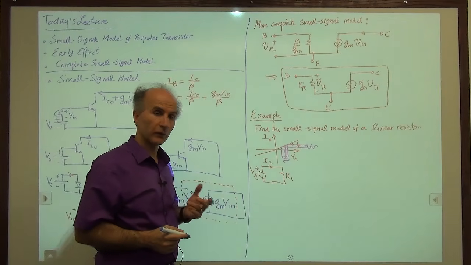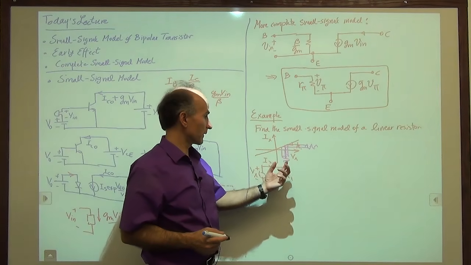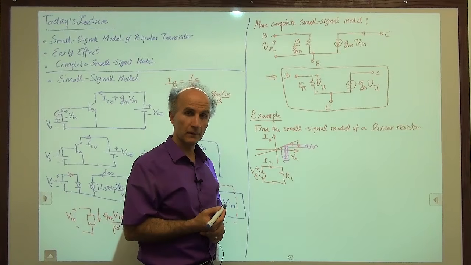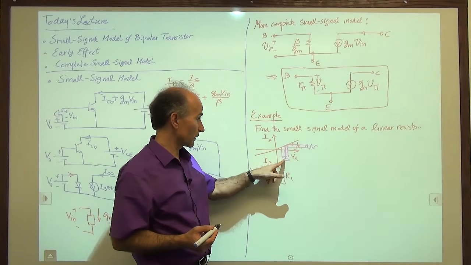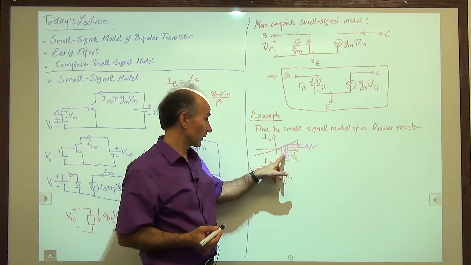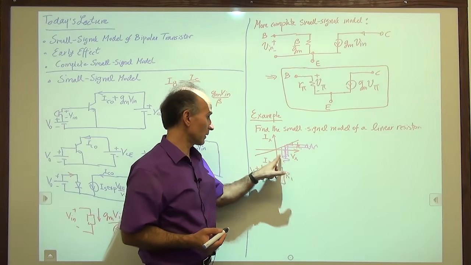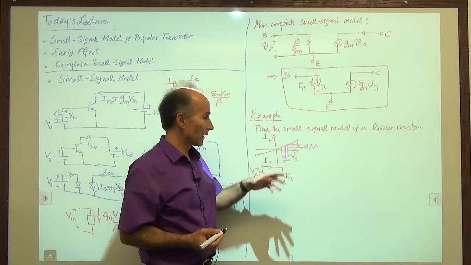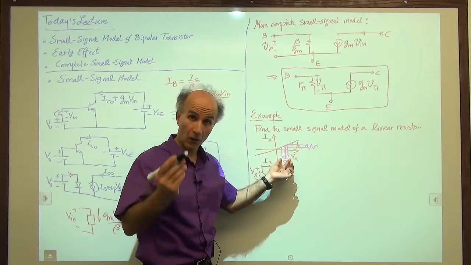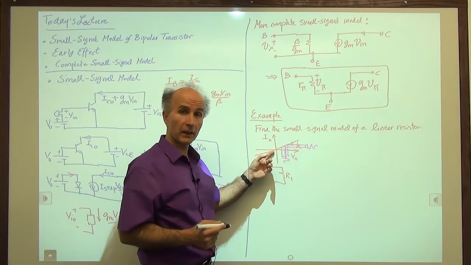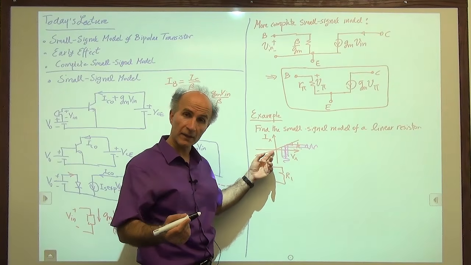What do I know about the change in the current versus the change in the voltage? Well, this is a straight line, so it doesn't matter how large this change is. Whether it's a very large fluctuation or very small fluctuation, the relationship between this change and this change is always the slope of this line, and the slope of this line is constant.